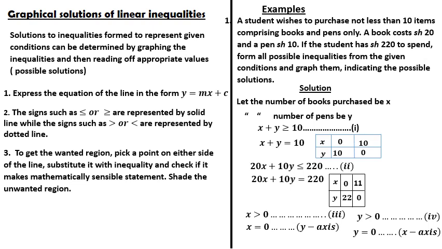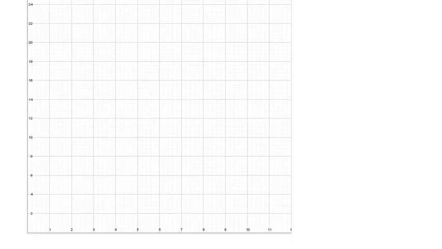So let's now plot all those lines, and then we shall find out the region that should satisfy all these inequalities that we have. Let's get a Cartesian paper, that is, graph paper. We shall start with the first line, x plus y is equal to 10, and we have obtained the x and y intercepts as 10 and 10.